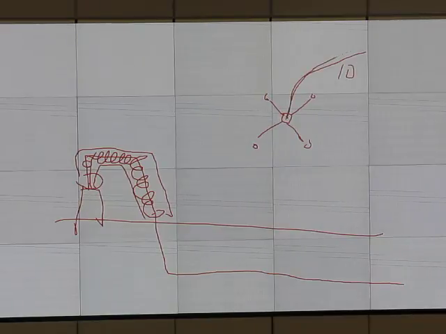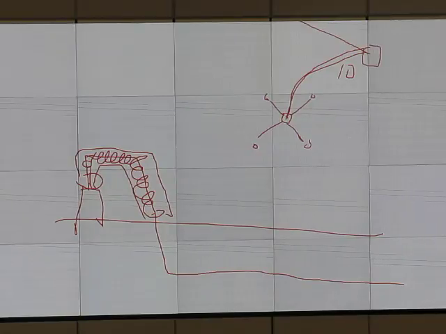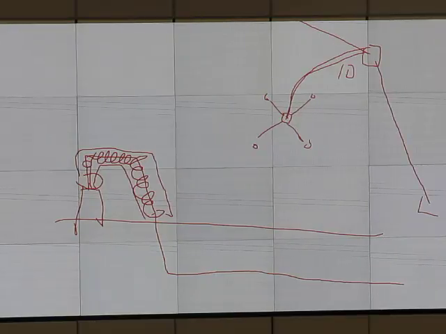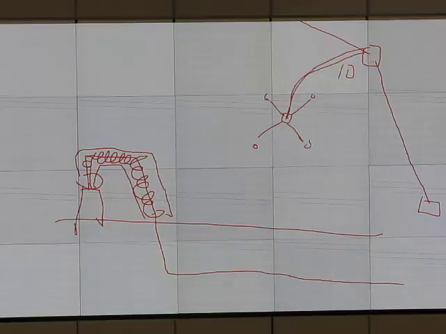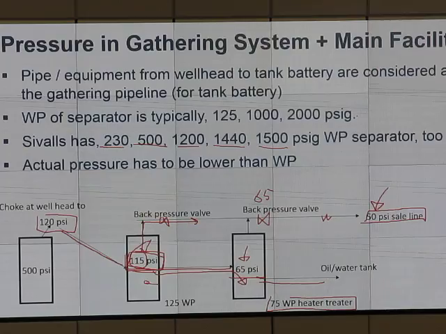So gas goes from battery to gas plant. Gas plant processes it and then it goes through 2,000 miles to New York, or maybe goes to New Mexico and then from New Mexico to California. So it goes to a cross-country pipeline, a bigger one. So this should give you enough.